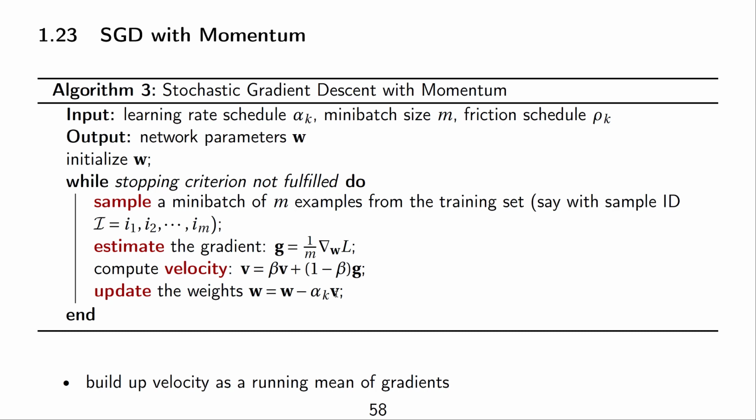We are basically using an average of the gradient over the last iterations, and the exponentially moving average is telling us what the weights of the previous gradients are. Therefore, we use this formulation here that makes it clear that this is an exponentially moving average. V equals beta times v plus 1 minus beta times g. This is also called the velocity.